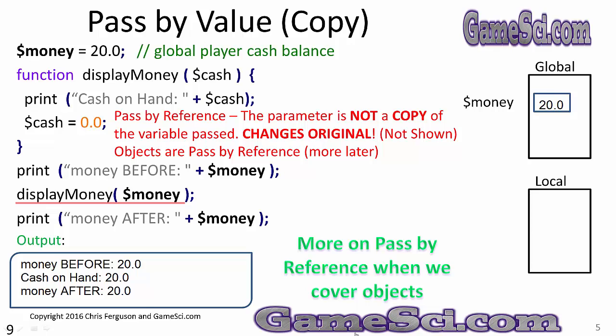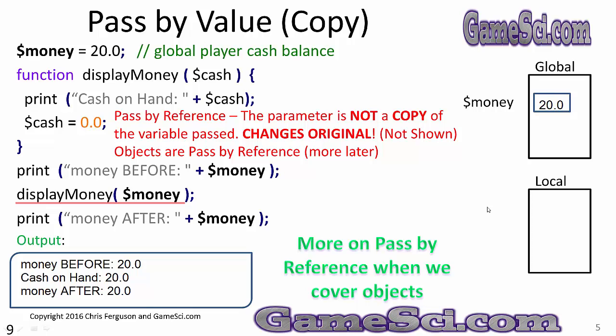Now, I'm not going to show it yet because we're not quite ready to study pass by reference. Objects are passed by reference. And when we get to objects, we'll talk about pass by reference. There's another way to make something pass by reference. If I go up here and put an ampersand in front of here, it says don't make a copy, use the original variable. But again, we're not quite ready to do that.